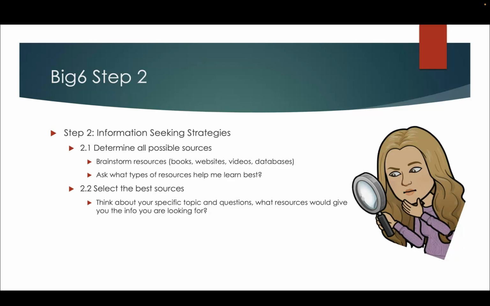Maybe there's an expert in that area that you can talk to. And then ask, what types of resources help me learn best? It's important when you're conducting research that you get a variety of sources, but you also want to think about what is the easiest way for you to learn about information. Then you're going to select the best sources. Think about your specific topic and questions and what resources would give you the info you are looking for.